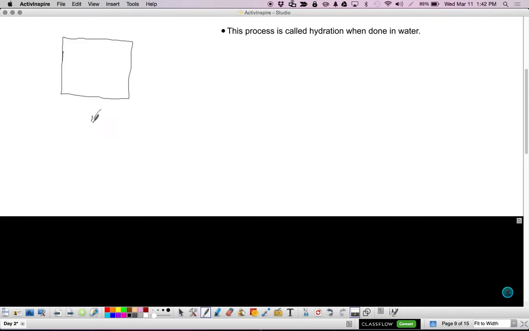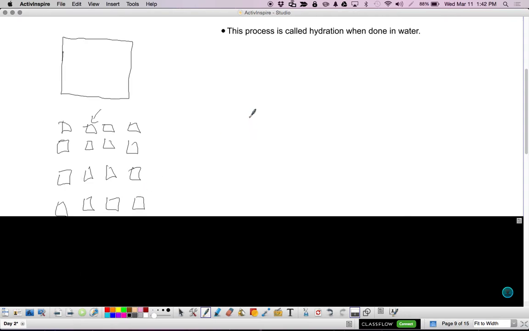But if I take that and break it down into a bunch of tiny little squares, I'm going to greatly increase the surface area. And by greatly increasing the surface area, I'm going to allow more water to get at the surface of the crystal lattice, and thus the solution process should happen faster.